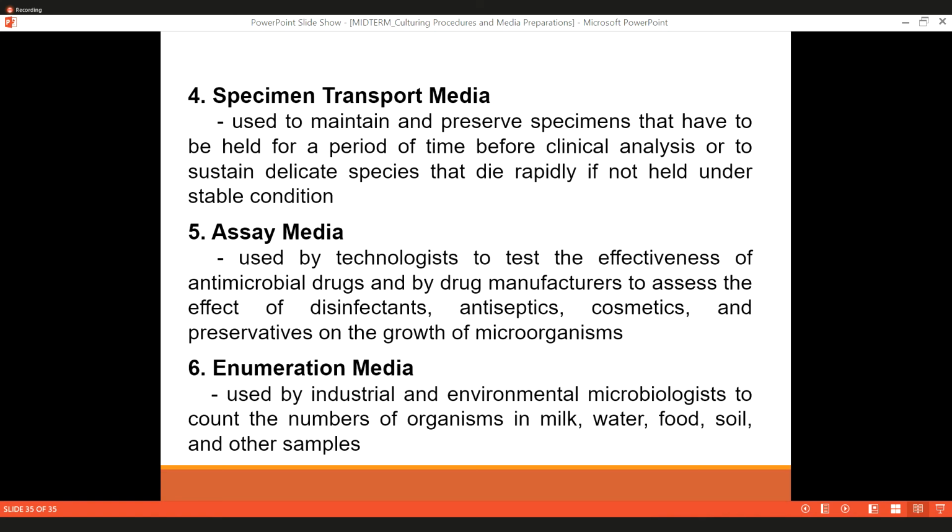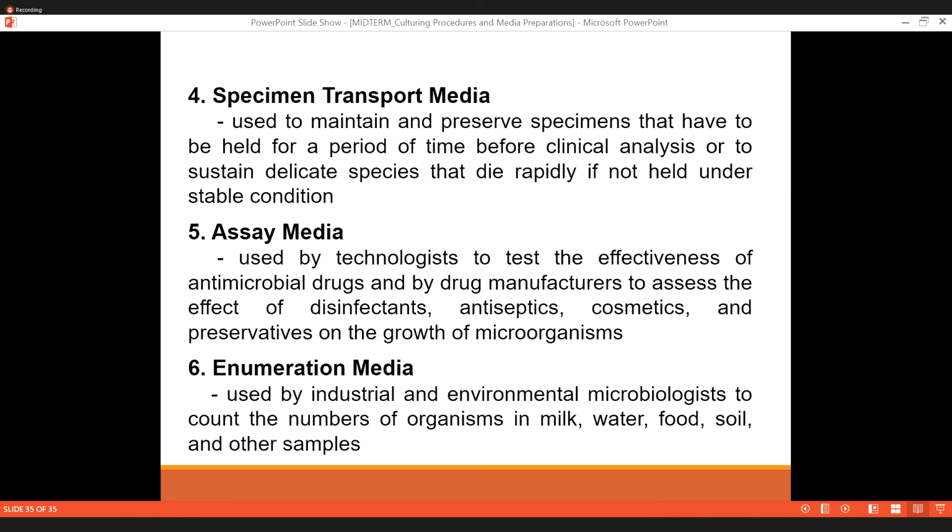For example, we have different brands of antiseptics in the disinfectant class, and you want to determine which is the most effective among them. Therefore, you will need different microorganisms in order to assess which disinfectant and antiseptic is effective.